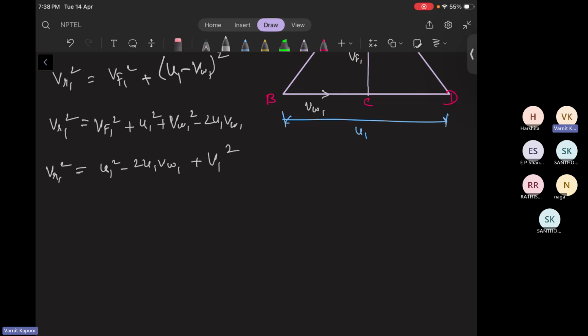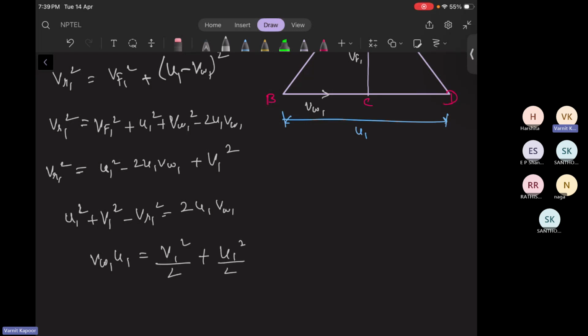Then we can transpose it and write U1 square plus V1 square minus VR1 square is equal to 2U1 VW1. So from here, your VW1 U1 will come out to be V1 square by 2 plus U1 square by 2 minus VR1 square by 2.